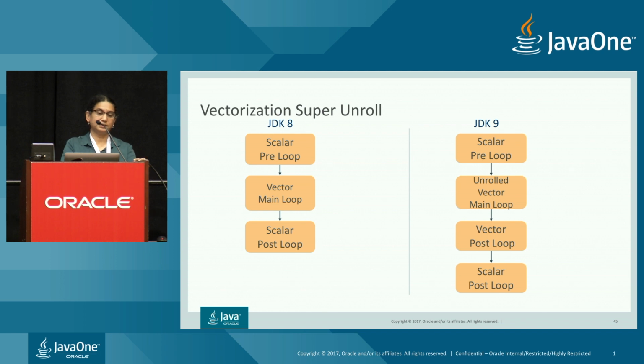The pre-loop does the destination alignment, the main loop is the one that gets auto-vectorized, and the scalar post-loop is for tail processing. In JDK 9, we now super unroll the vector main loop. Since the vector main loop is super unrolled, there is a vector single iteration post-loop which can do as much of the remaining operation using vector instructions as possible.